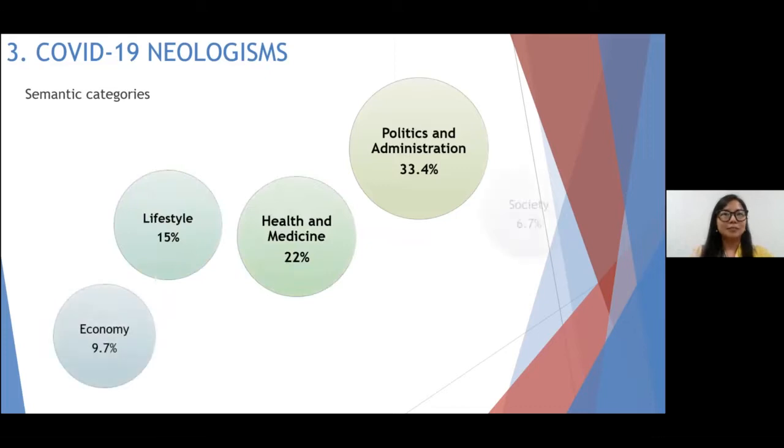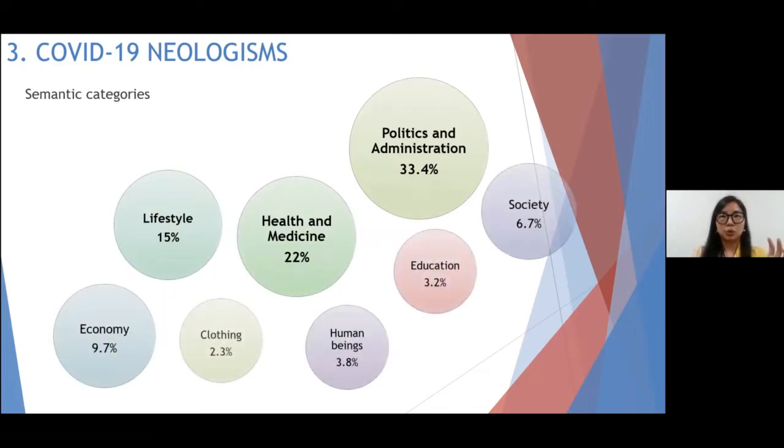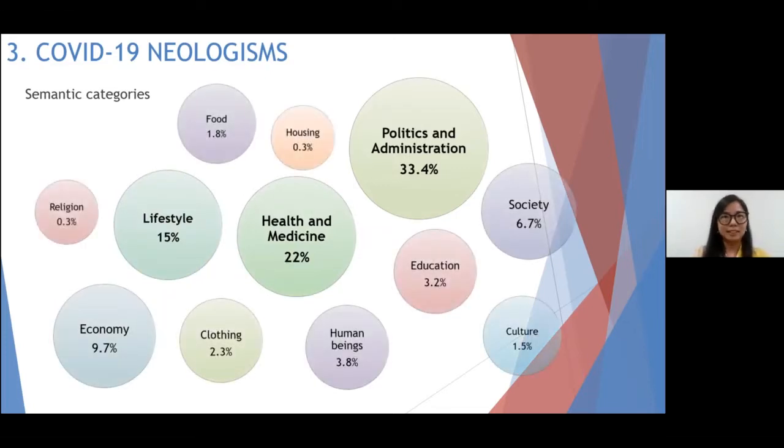So we classified the COVID-19 neologisms into 12 semantic categories. And as you can see here, the predominant semantic categories are politics and administration, and health and medicine, as expected.